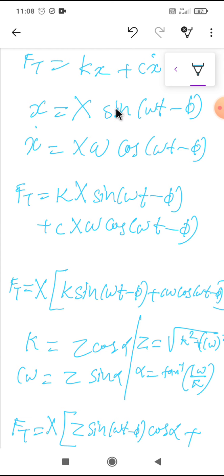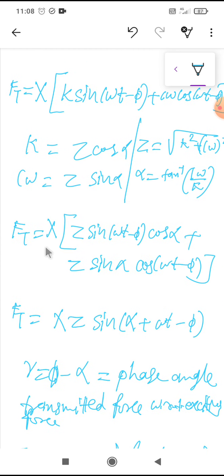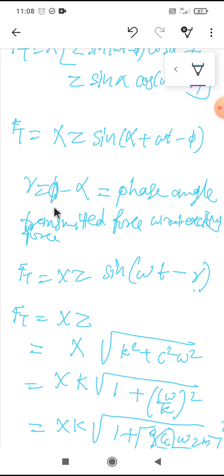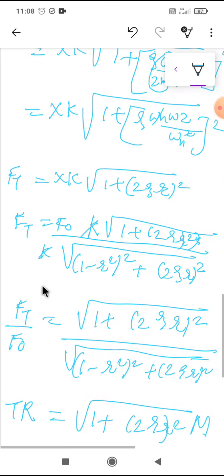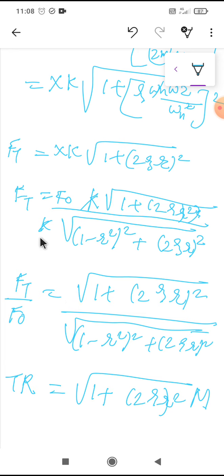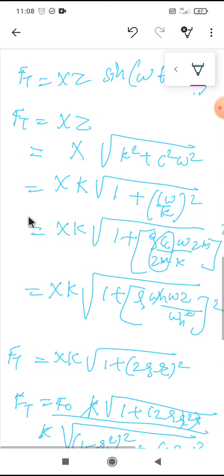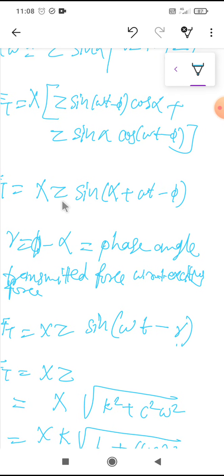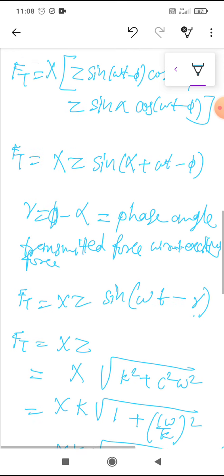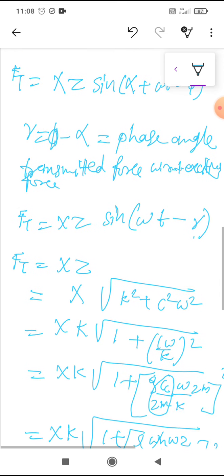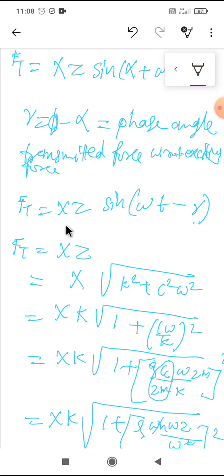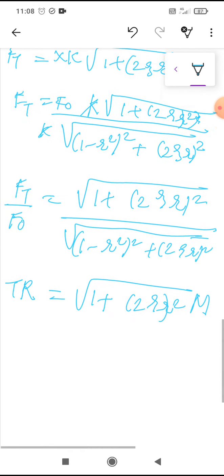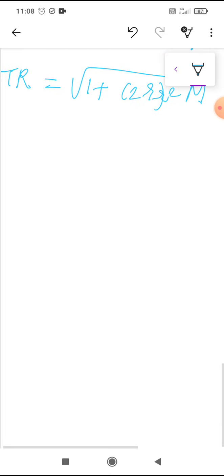After substituting this value, we got ft by f0, that is the transmissibility ratio, under root 1 plus 2 zeta r whole square. We also used the value of x from the last forced vibration equation, and introduced a few constants to simplify, that is gamma, the phase angle, and then we found the maximum amplitude, that is x0, when sine is 1. So this is the transmissibility ratio.